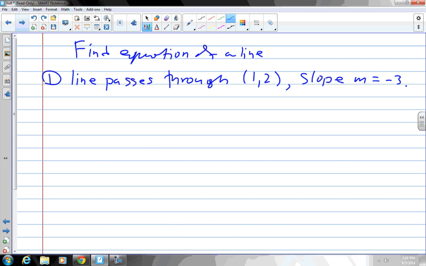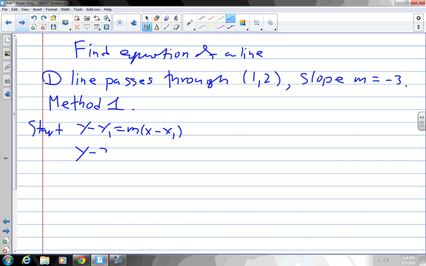I have the point, I have a slope. I can go ahead and find the equation of a line that passes through that point and has that slope. I'm going to do it both ways. So this is what I like, my favorite method. I will start with the point slope form. That's how I'm going to start this problem. I know m, I know x1, I know y1. So I can plug everything in.